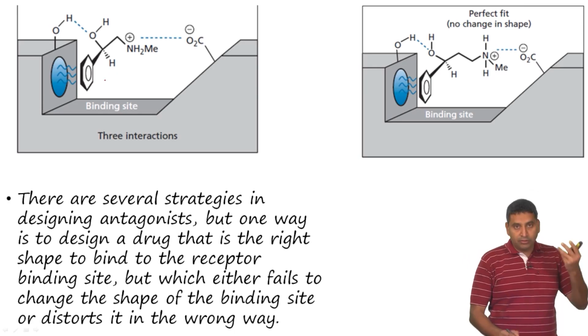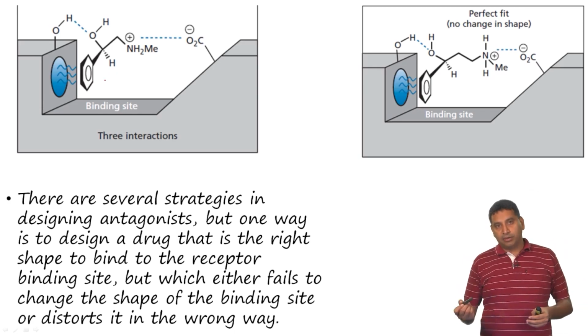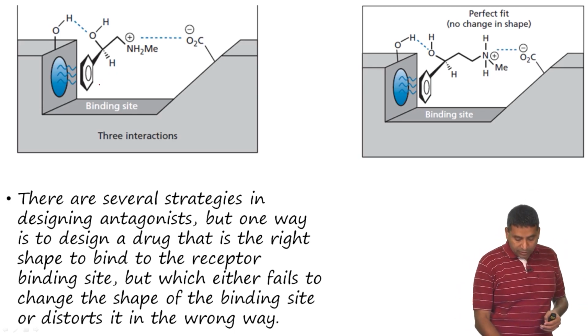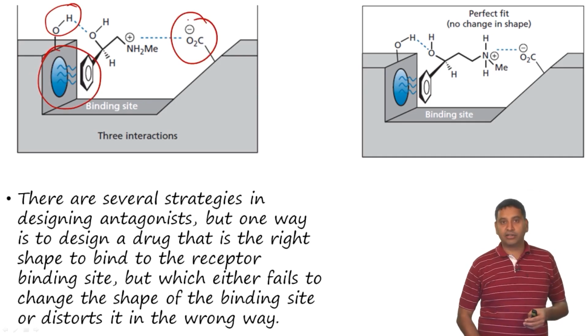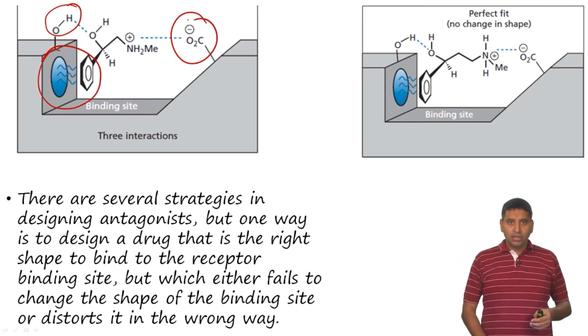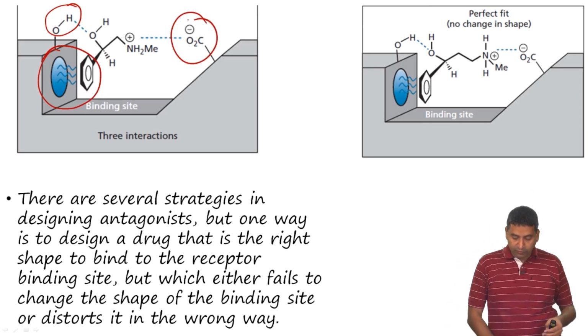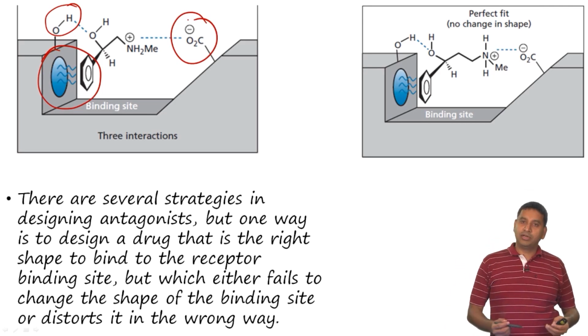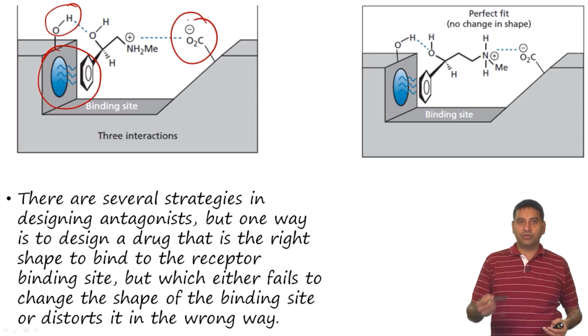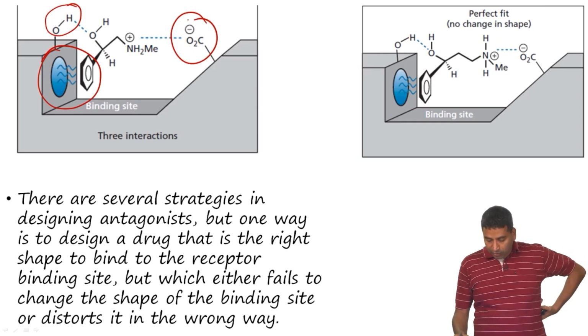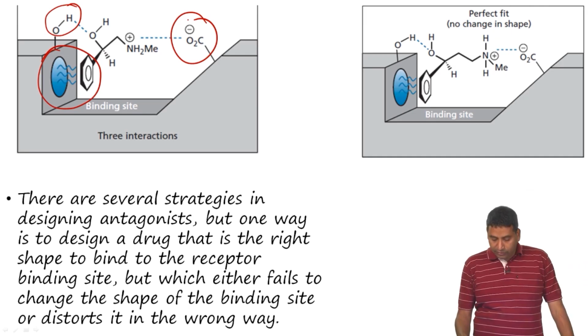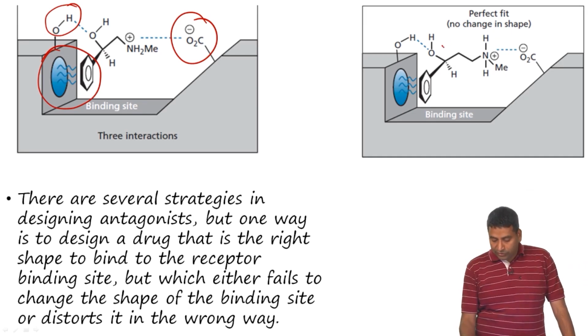So, recall our hypothetical messenger. It had a hydrogen bonding over here, a van der Waals interaction over here, and an ionic interaction over here. All these three interactions are necessary for the chemical messenger to induce a conformational change to give you the signal. Now, in the case of the antagonist, what one could do is elongate this chain a little bit.